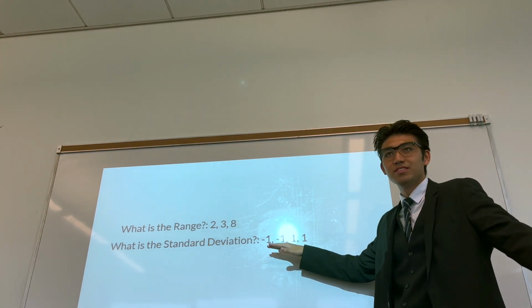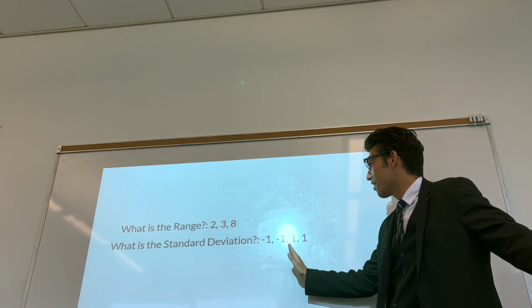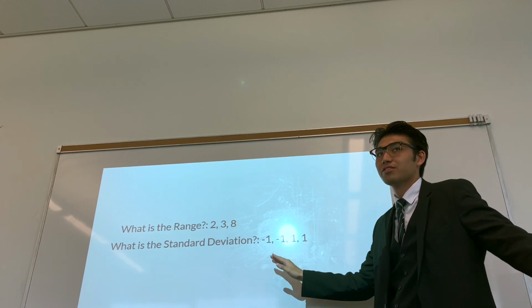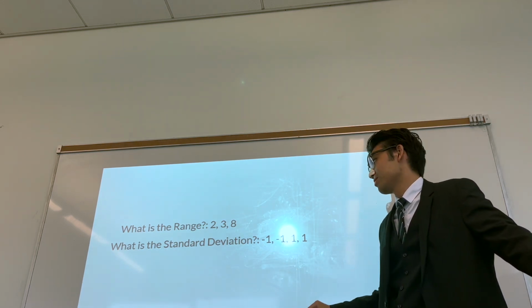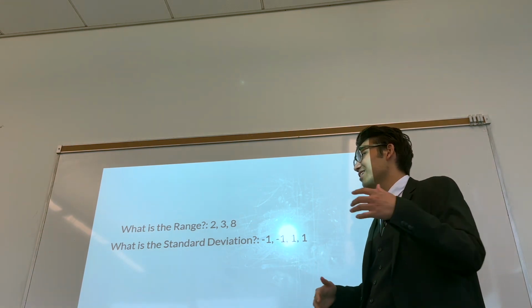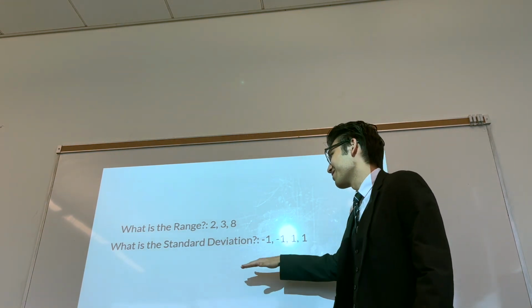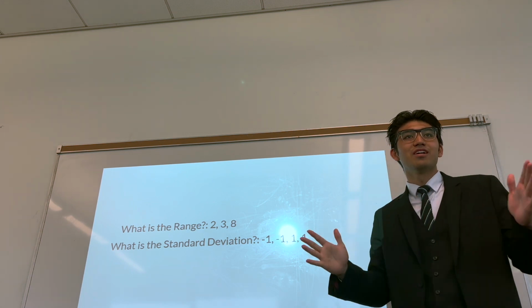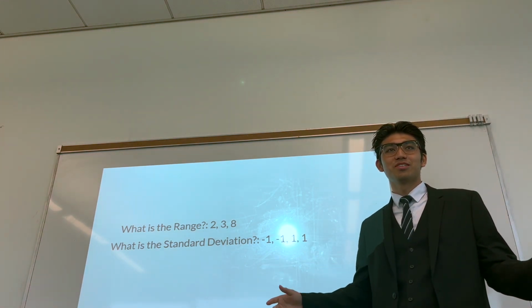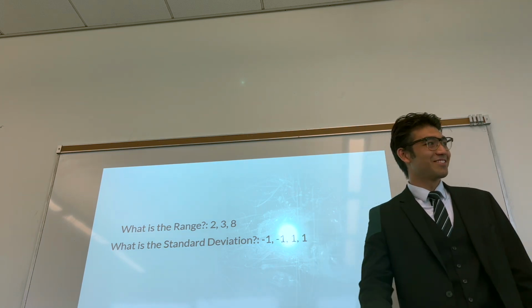Now, on average, how far away are each of these data points from 0? Right, so the standard deviation in this case would be 1. When you think of standard deviation, you have to do a little bit of extra work. You first have to figure out what the mean is, and then calculate how far away the points are. There are a lot of formulas you can go through. I would recommend just going to Google Sheets and using the standard deviation function.